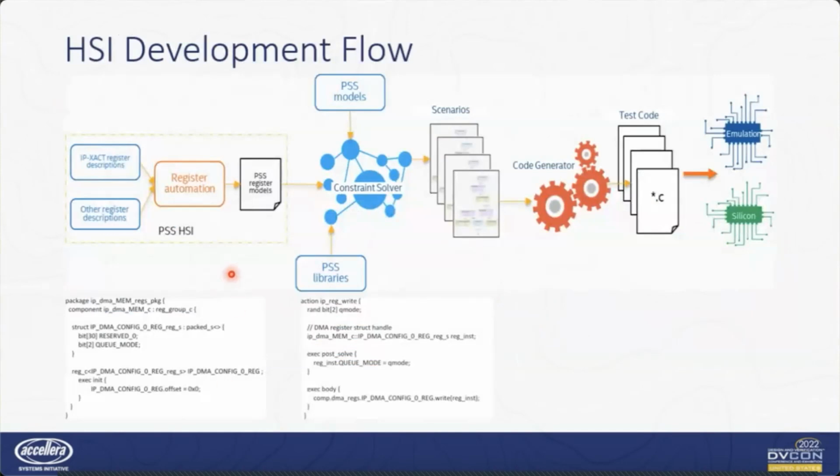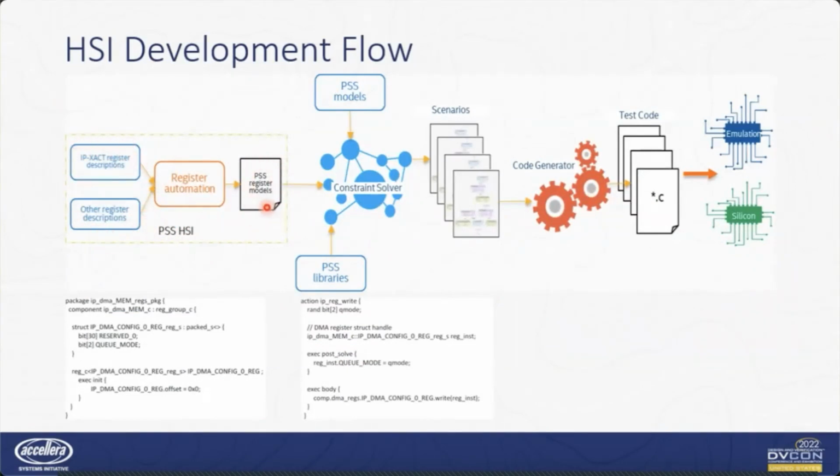So in this slide, we have tried to capture the HSI development flow. The first thing we need is the PSS register models for all the IP blocks which we plan to use. For this, you need to have some sort of register automation which will convert your register description format into PSS register models.